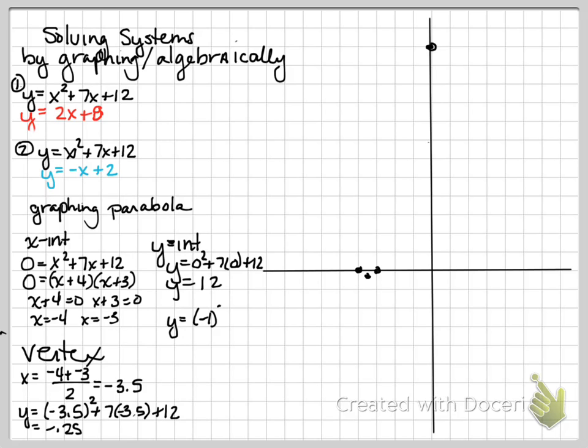So negative 1 squared plus 7 times negative 1 plus 12. Well, that's 1 minus 7 plus 12, and that's a 6. So negative 1, 6, I have a point. That gives me a better idea of what my parabola looks like.